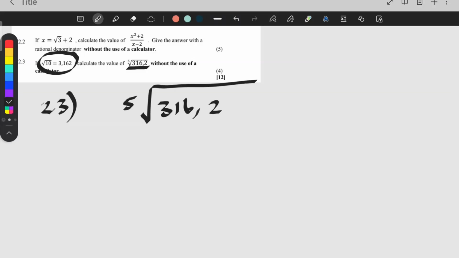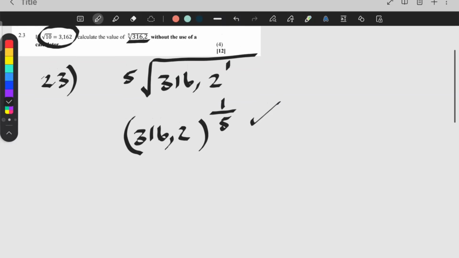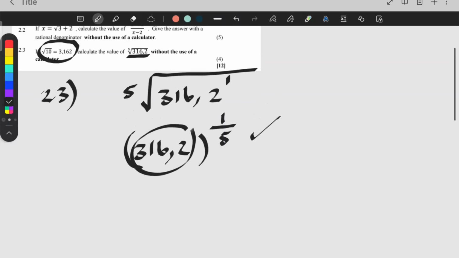So to remove the root, it's inside power, invisible 1 over outside power. Eh? So 316.2 to the inside over outside. So I will do that first. That's a mark. Then I want to write this as something with that because that was given. Eh?